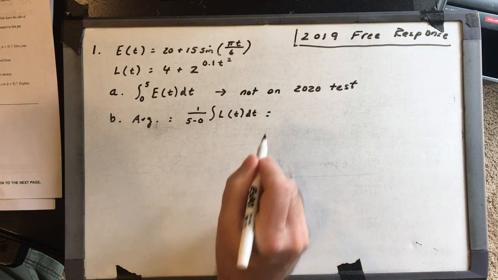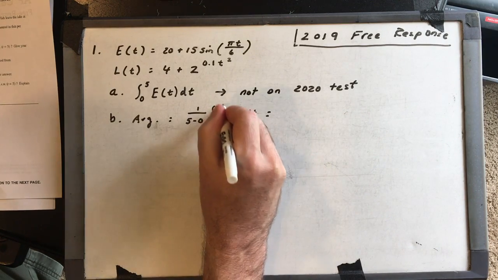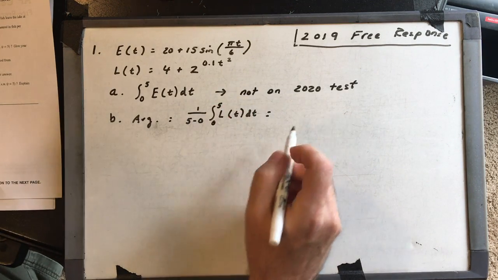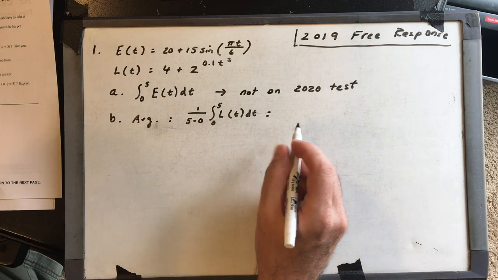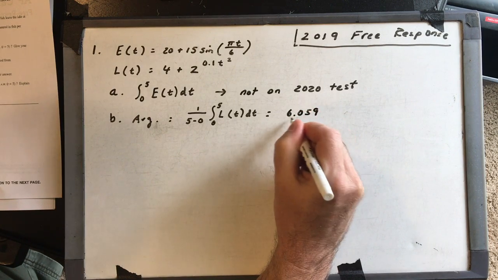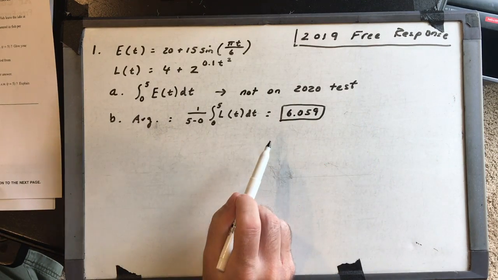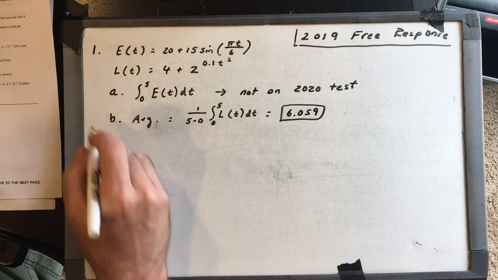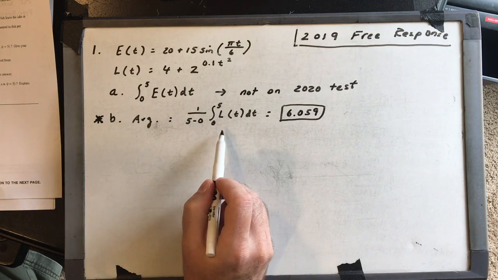They would give you a function that you could integrate by hand, and the limits of integration are 0 to 5 on that one. It's about 6.059 is the answer. Again, you would get one that would be easier to do by hand, but you do need to remember how to get an average using integration.